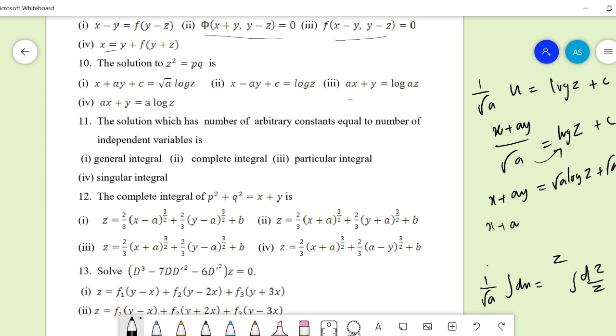So x plus ay minus root a c equals root a log z. But this minus root a c can be considered as a single constant c, because we have to compare the existing answer with our derived answer. So x plus ay minus root a c considered as c, root a log z. So the first one will be the answer for this question.